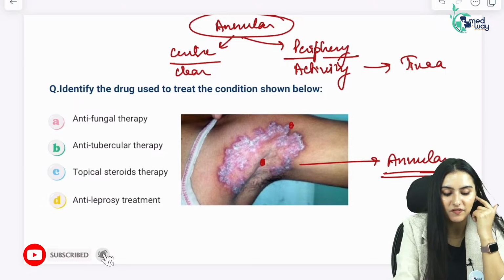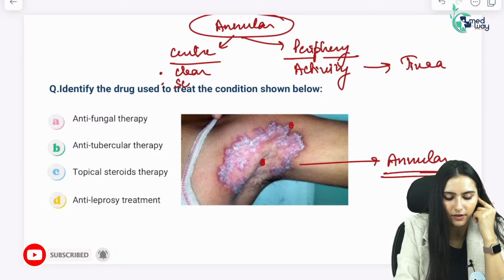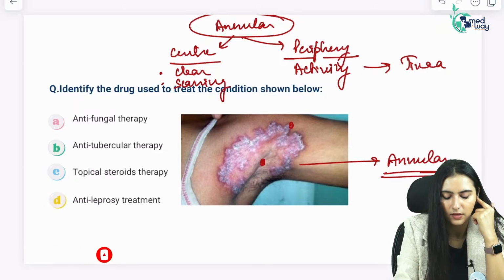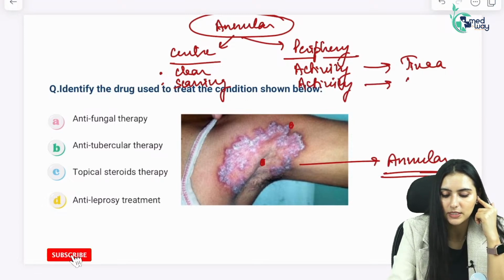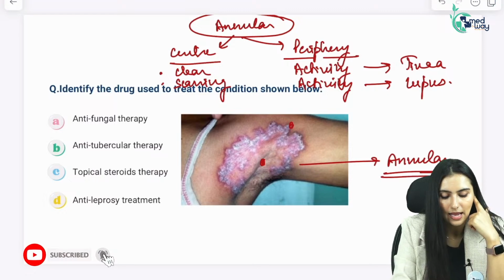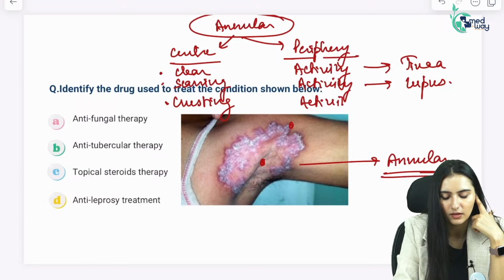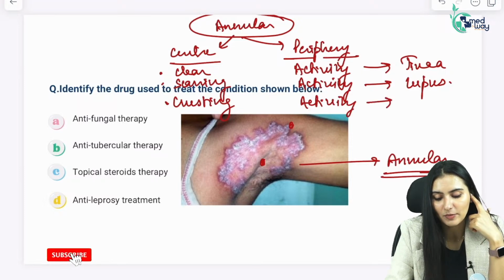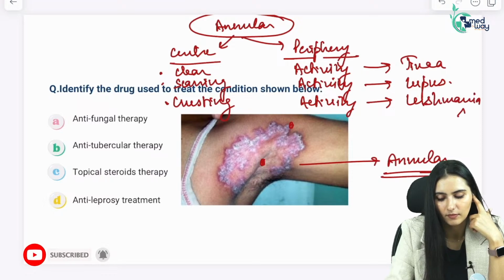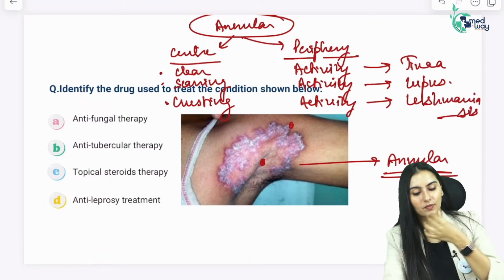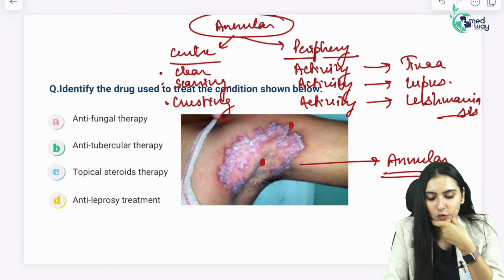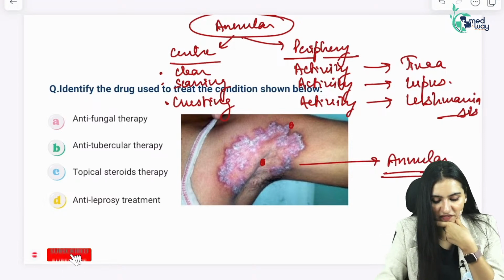Okay. If the center has scarring and the periphery has activity, it is lupus. And if the center has crusting and the periphery has activity, that is leishmaniasis. Okay. Leishmaniasis they might not ask you, but these two are very important.